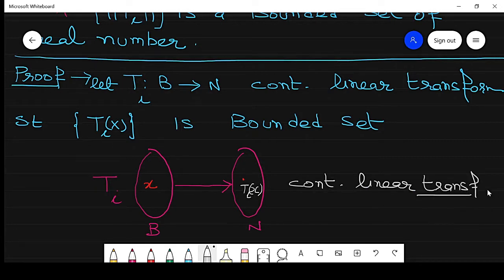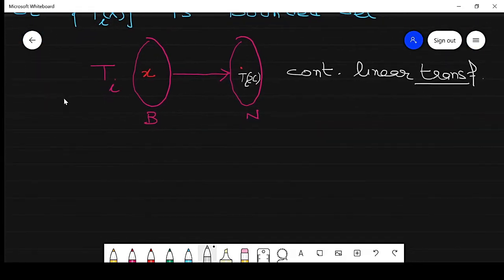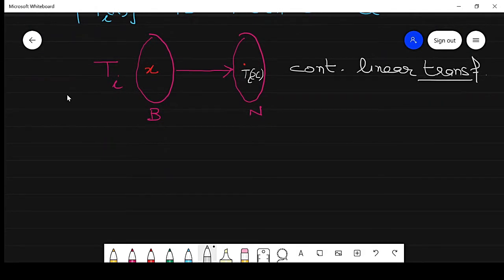Number 2, Tix is a bounded set. If it is a bounded set, then it has an upper limit and a lower limit. So because it is a bounded set, we can write the norm of Tix less than or equal to some positive number.